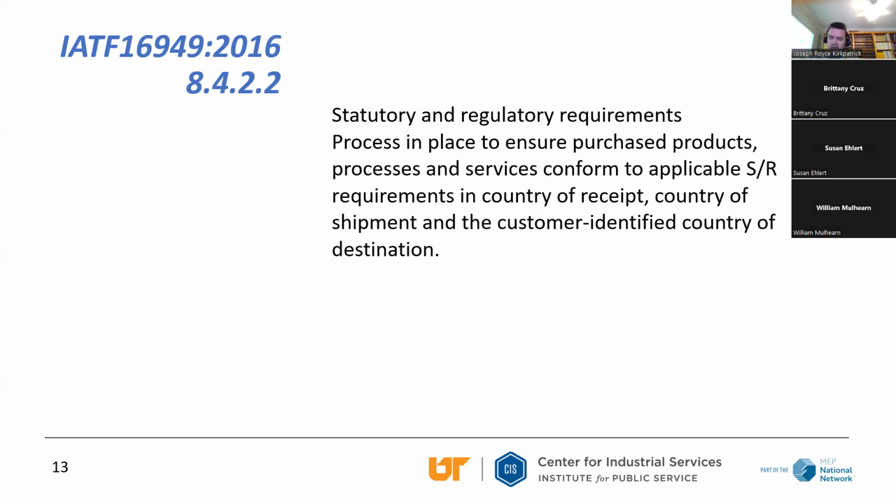But if in the contract it says these parts are going to be shipped to Brazil and they're assembling them, and then they're going to be shipping these to Peru, where the end users are going to be, we need to be aware of those requirements. Not sure how this is ever audited myself. I've never really run across this in my audit trails, but we need to be prepared for it if it does come about.